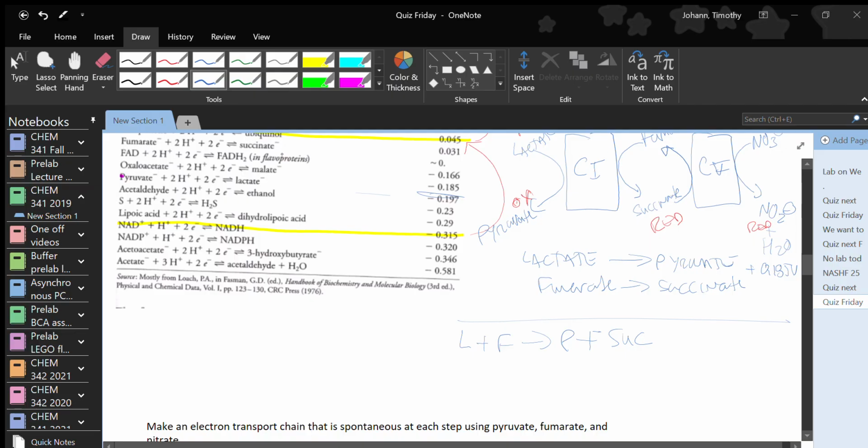That's right up here. That's plus 0.031 volts. And so I add those two together and I'm going to get 0.216 volts, which is spontaneous because it's positive.